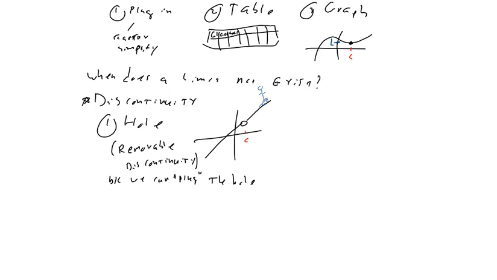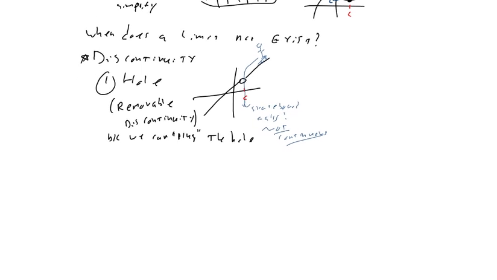Skateboarding, fall through. Not continuous. So that's one type of discontinuity, a hole, also called a removable discontinuity.